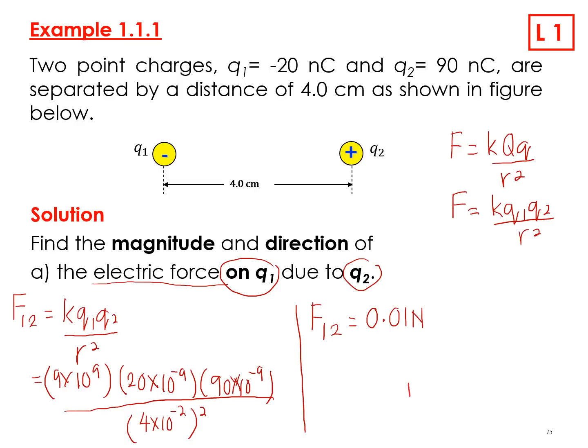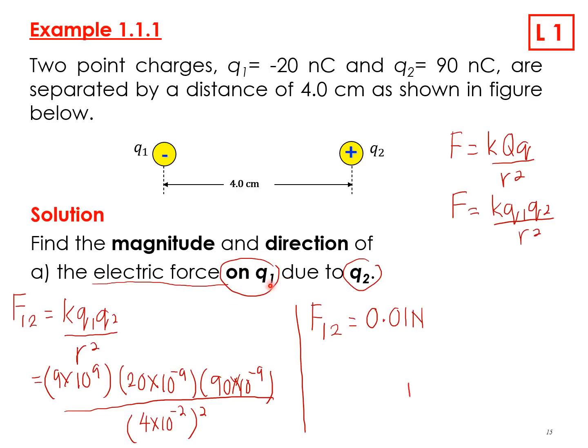But the question is not settled yet because we have only done the first part, the magnitude. How about the direction? Now we want to determine the direction of the electric force on Q1 due to Q2. To determine the direction, you must focus on Q1.